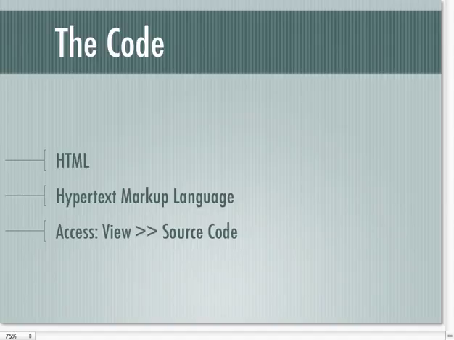All of the internet, all web pages, are based off of HTML. It's a coding language that stands for Hypertext Markup Language. It is bits of text that literally create the pages that you see when you're online surfing from web page to web page to web page.